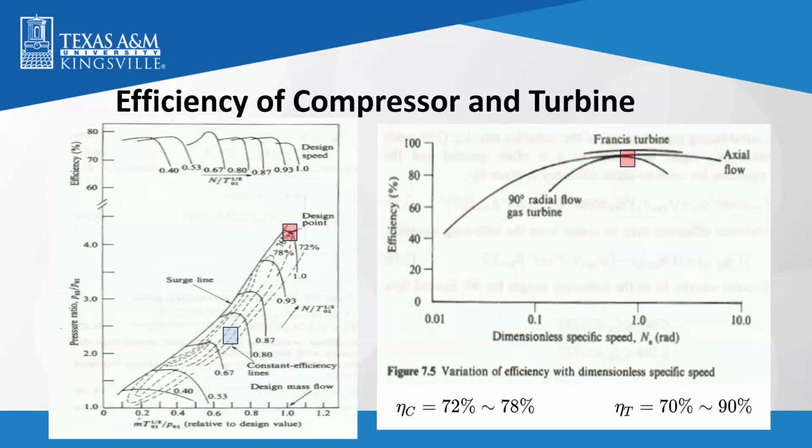For the compressor, it's from 72% to 78%, and for the turbine, it's from 70% to 90%. For the calculation, we used 75% for the compressor and 80% for the turbine. These red areas are our design point, but at least we want to stay in this area, right side of the surge line.